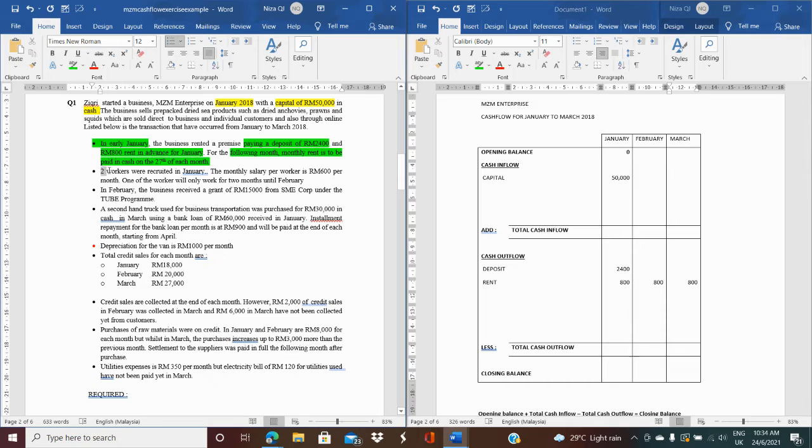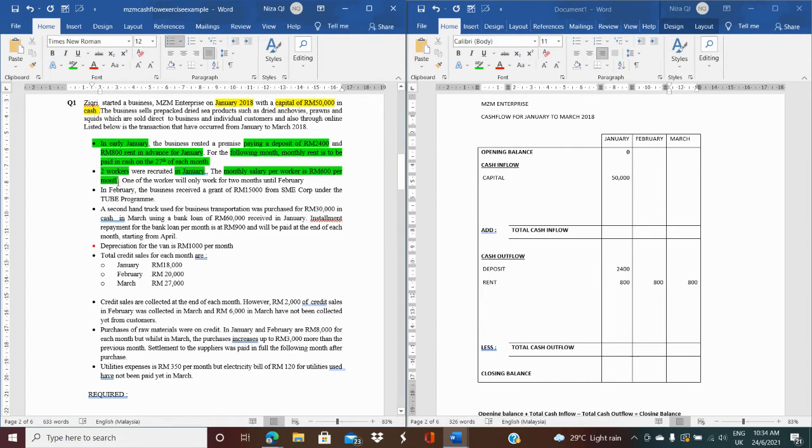For salary. So two workers recruited in January means that there will be two workers in January. The monthly salary is 600 per month, so they will be paid 600 per month. But there's another condition here: one of the workers will only work for 2 months.